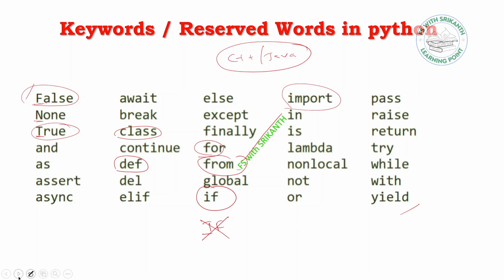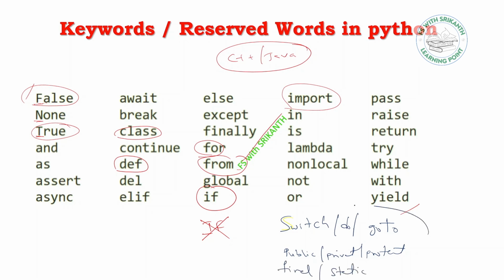You generally observe switch, do, and goto, which are not available in the Python programming language. Public, private, and protected are also not available. One more: final and static. These keywords are not available in Python.